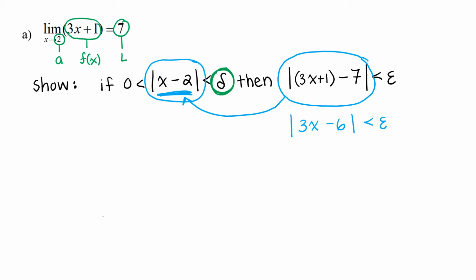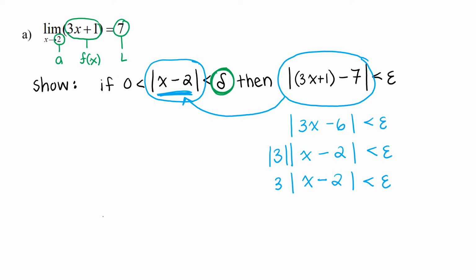Well, 3x and 6 have a common factor of 3, so I can factor out the absolute value of 3. And I have the absolute value of 3 times the absolute value of x minus 2 is less than epsilon. Well, that's even closer. The absolute value of 3 is just 3, so I have 3 times the absolute value of x minus 2 is less than epsilon.